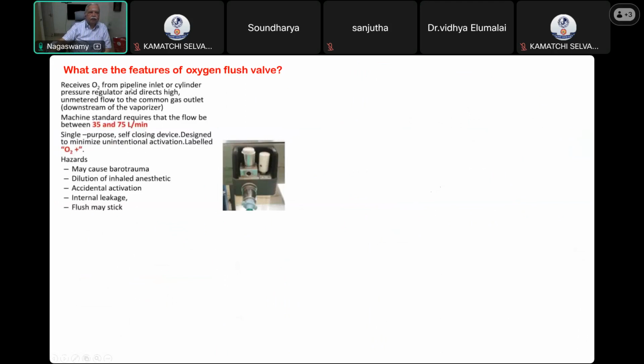It receives oxygen from the pipeline inlet or cylinder pressure regulator directly. It directs high unmetered flow to the common gas outlet. The machine standard requires that the flow will be about 35 to 75 liters per minute. It is a single purpose self-closing device designed to minimize unintentional activation, labeled oxygen plus.